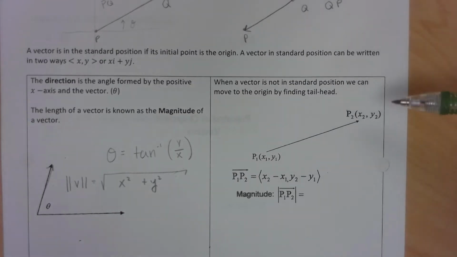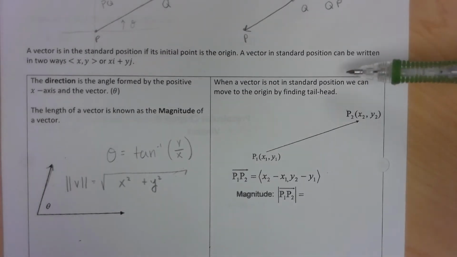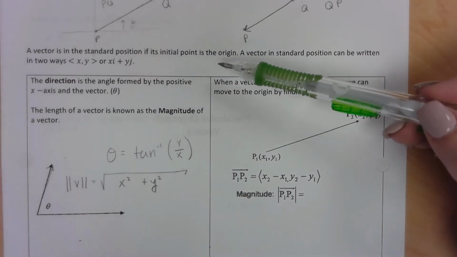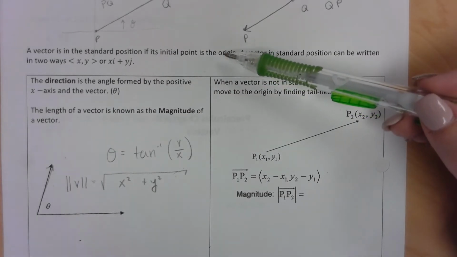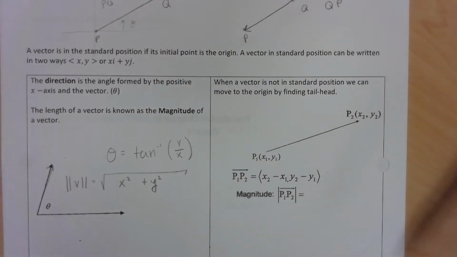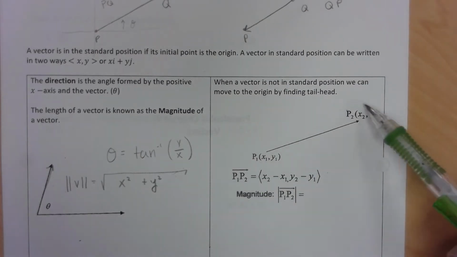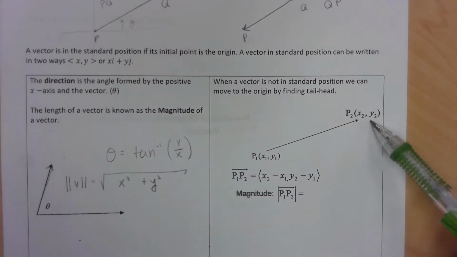Now, if a vector is not given in standard position, so standard position is when the initial point is at the origin, if it's not given to us at the origin, then we need to move it to the origin. We need to move it to standard position. So let's say I gave you P1 and P2, and both of those points are not at the origin.